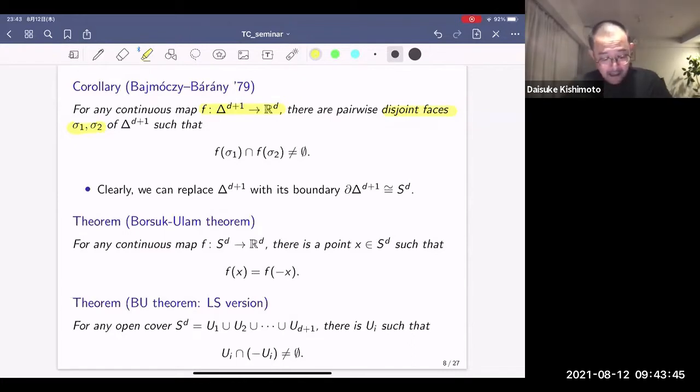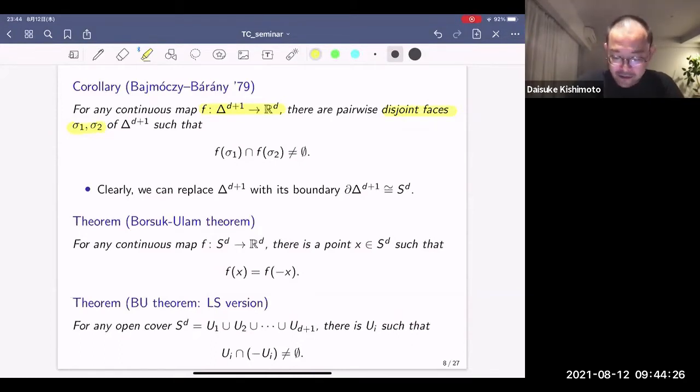And of course, there is an LS version of the Borsuk-Ulam theorem: for any open cover of S^D by D plus 1 open sets U_i, there is U_i such that U_i and -U_i intersect. I apologize that I'm not going to talk about TC, but there is a slight connection between these topics. So this is my excuse for my choice.